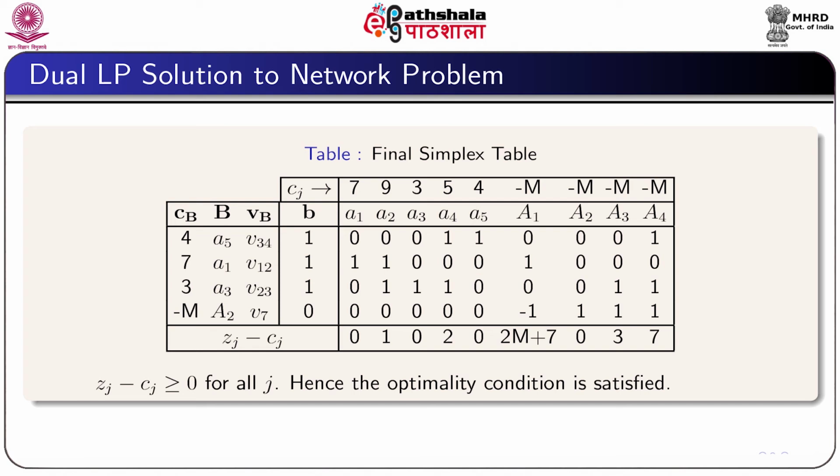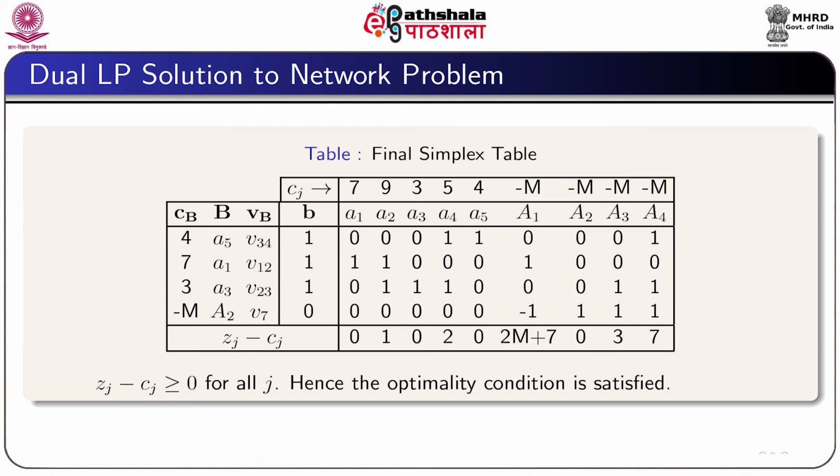Here in the basis we have the variables v34, v12, v23 and v7. Since zj minus cj values are all non-negative, we can claim that the optimality condition has been satisfied.